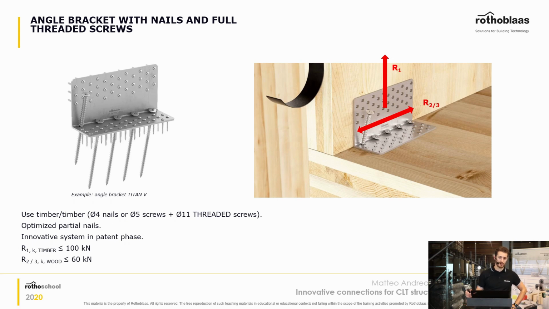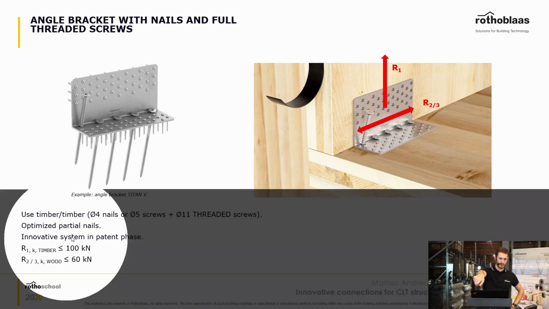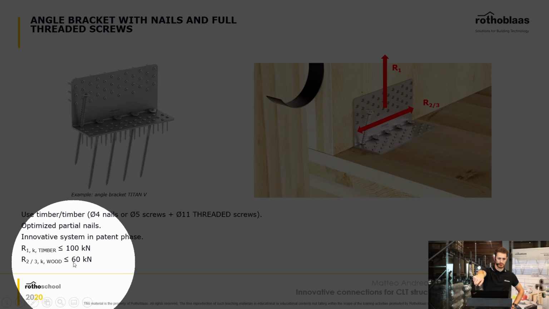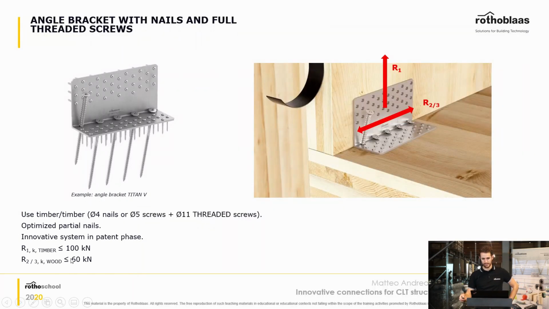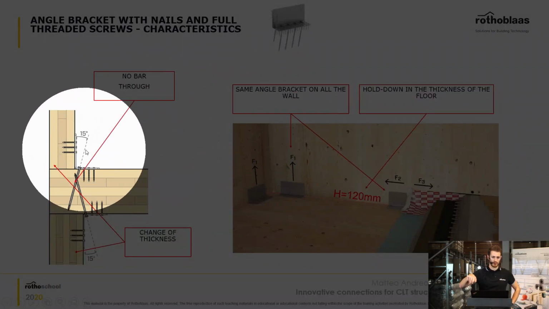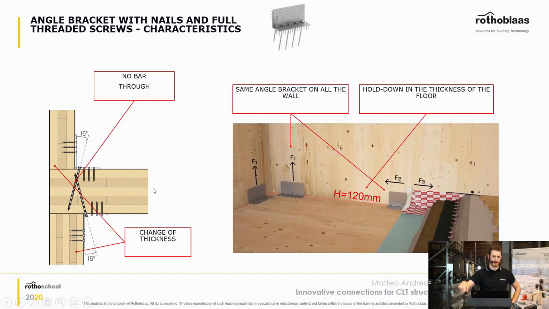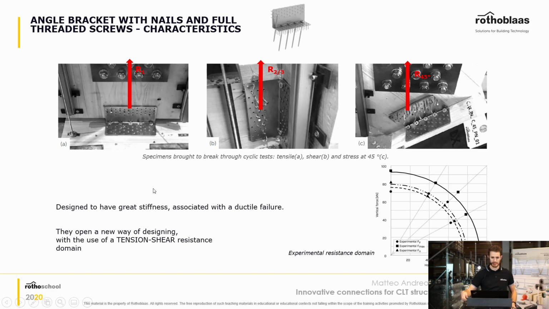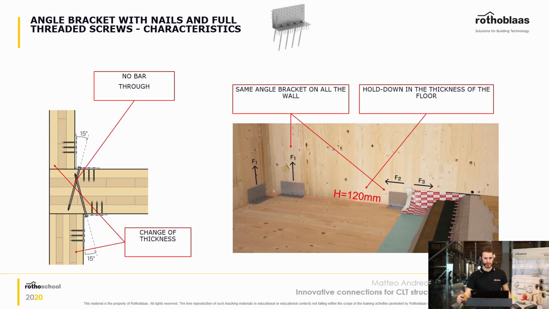And as you can see here, it has a very good resistance to shear as well. So it's definitely something very good, and it has some other very important characteristics. You can see one of them right there in the corner.